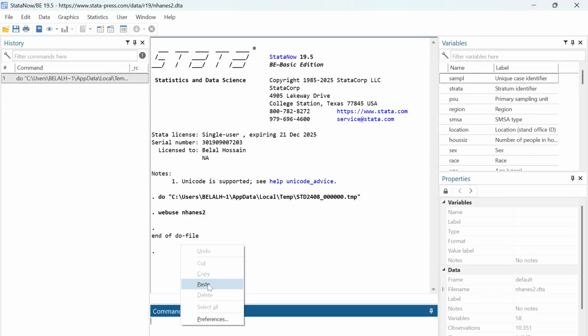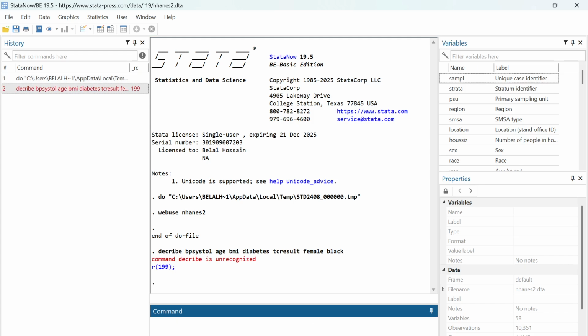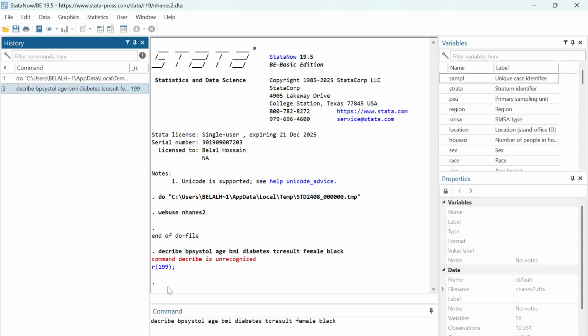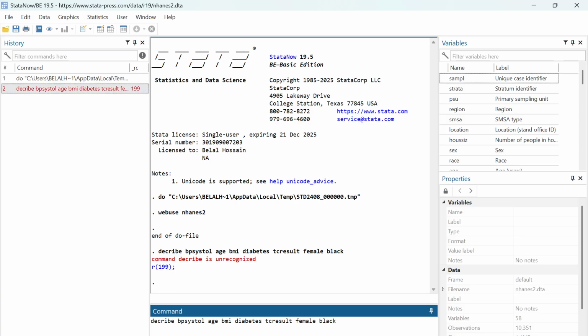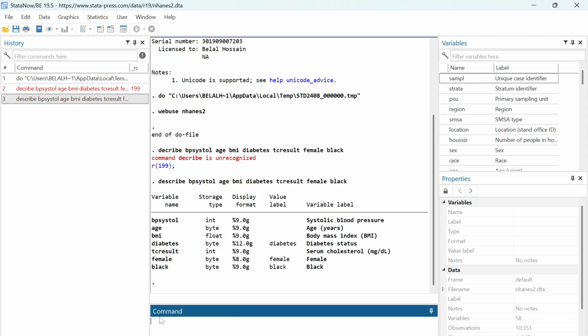I'm going to check whether they are numeric or string, so I'm going to write the describe command that I have shown you before and hit enter. Okay, what you see is integer, byte, float in the display format; none of these is a string, all are numeric. Therefore this confirms that we can proceed with the correlation matrix of these variables.